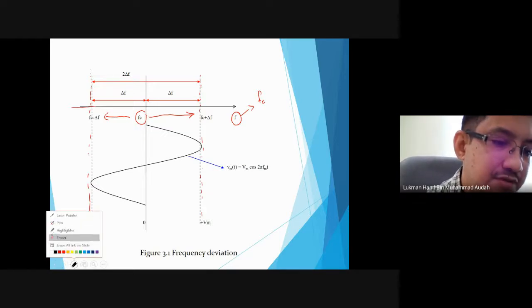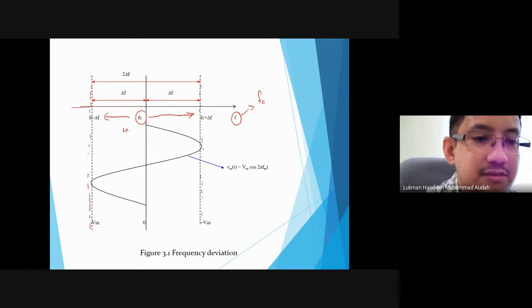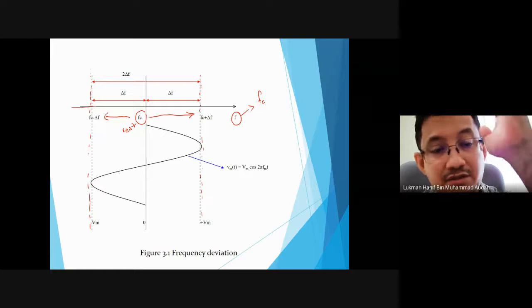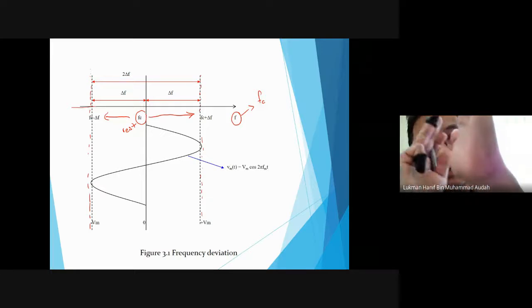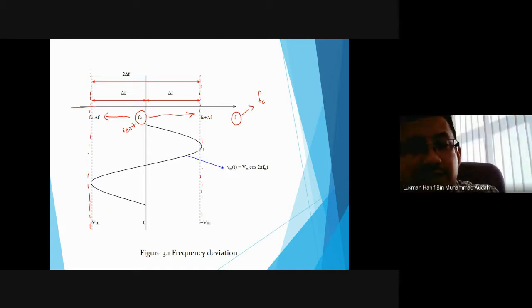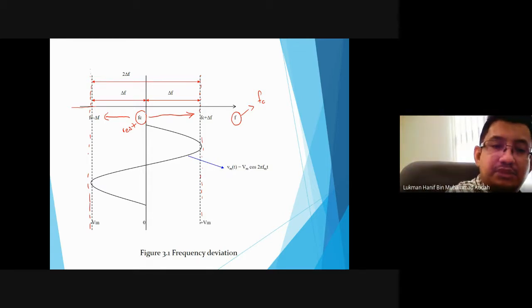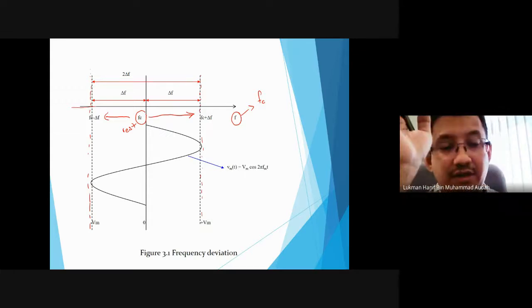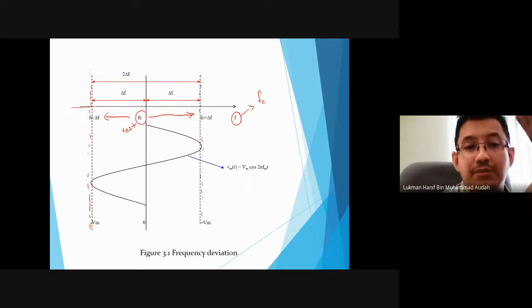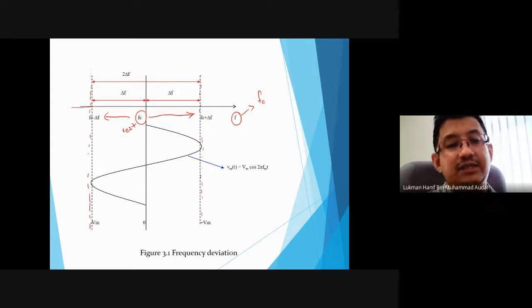Rest frequency is rehat, rest. Rest frequency of carrier is at Fc, and then dia bergerak daripada Fc sehinggalah maksimum Fc plus delta F, sehinggalah maksimum sebelah minus, sebelah negatif is Fc minus delta F. Okay, dia bukan nilai negatif, dia berkurang Fc minus delta F.